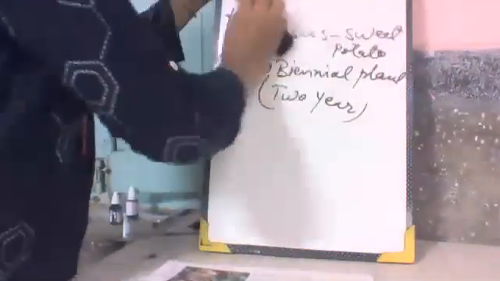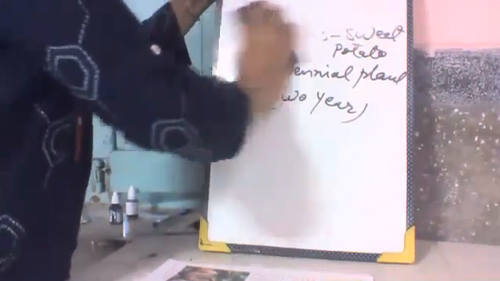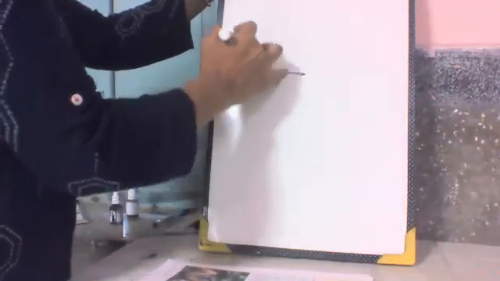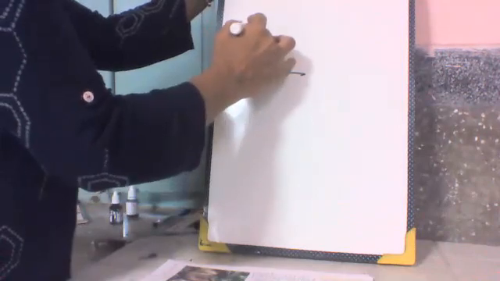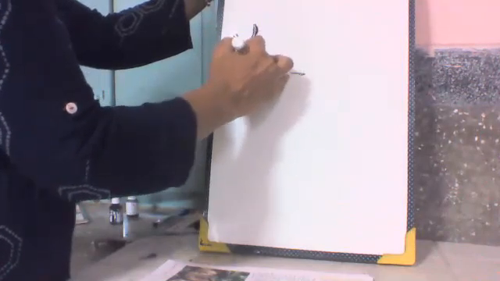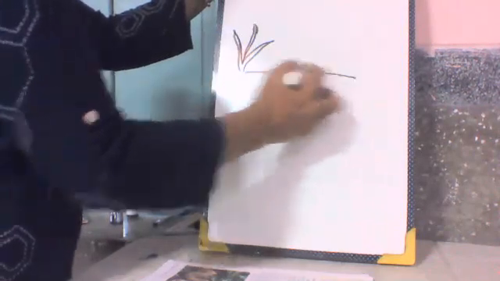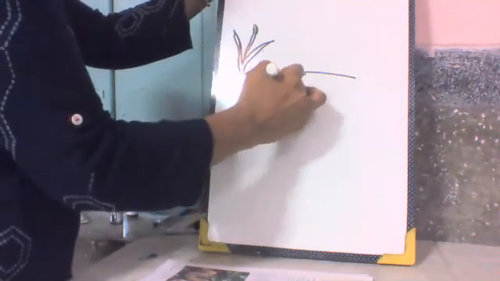Here, what happens when grass is grown? The nodes are there.